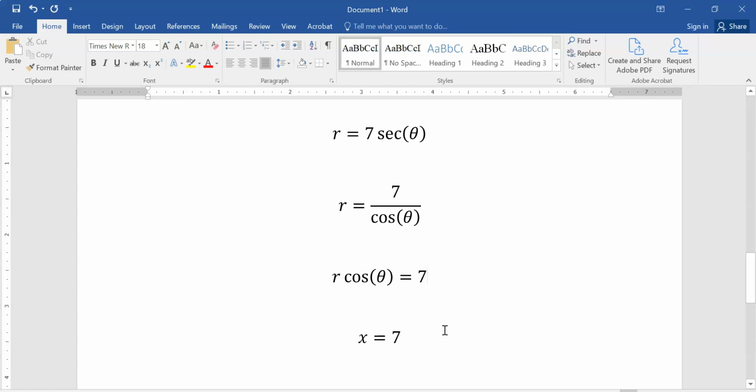So that's the idea. Notice that again, x equals 7, that's a vertical line when you graph that in either case. And that vertical line, r equals 7 times secant theta. So that's how you get vertical lines in polar form.